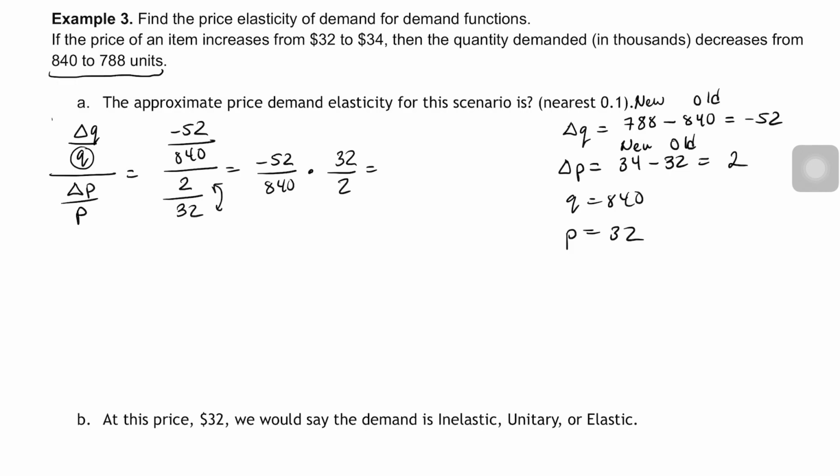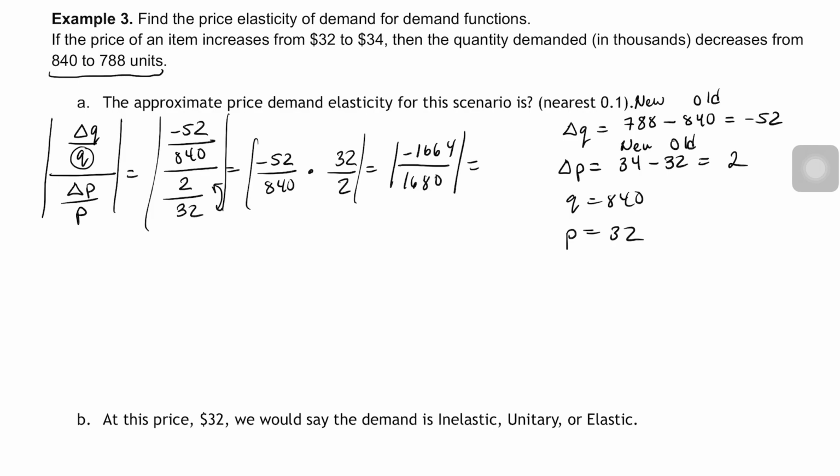And don't forget that we're gonna put absolute value. This would be negative 52 times 32. This will be negative 1664 over 840 multiplied by 2, so this is 1680.